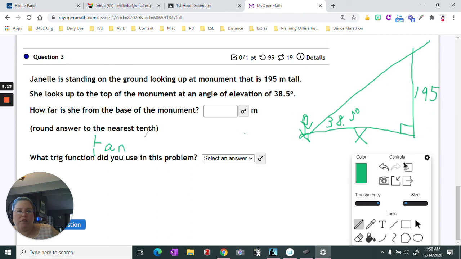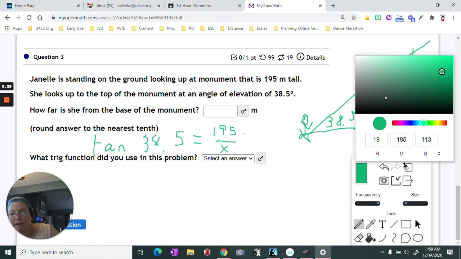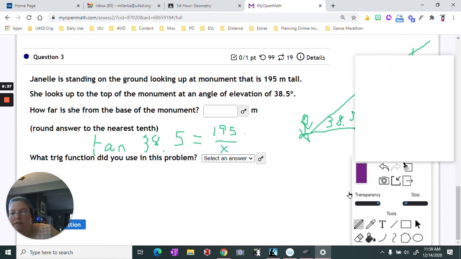So tangent of 38.5 equals 195 over x. Now remember, when your denominator is your variable, you can swap the diagonals, okay?